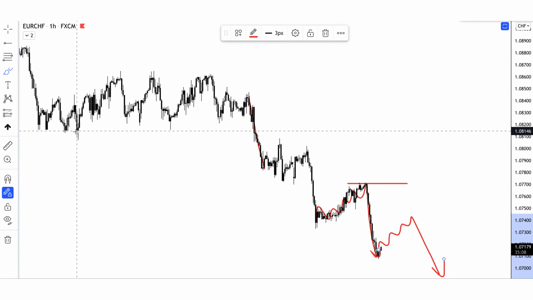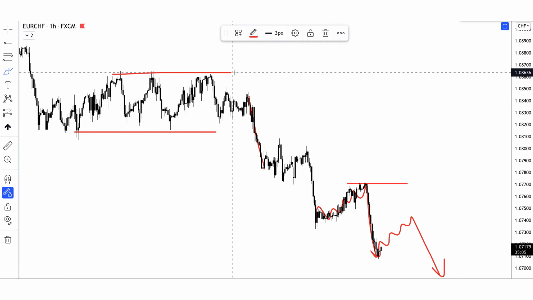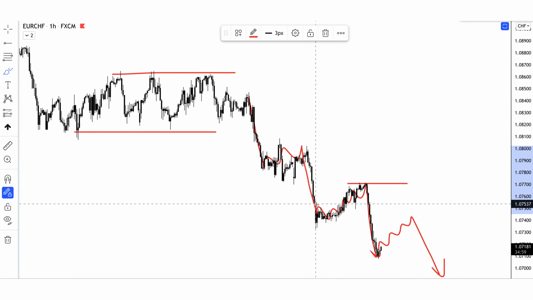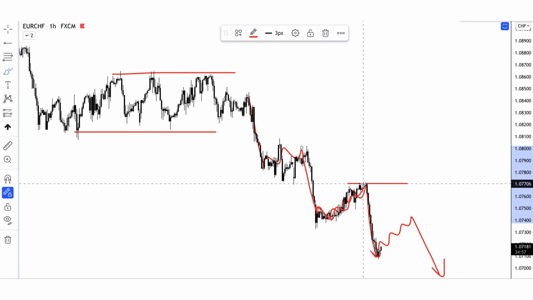We are either ranging like this, or we are impulsively moving, then we are correcting, then we're impulsively moving, then we are correcting. That's how markets work in a nutshell. I just wanted to cover some basic concepts to start with, and then I'm going to go into a lot more detail shortly in the upcoming videos.